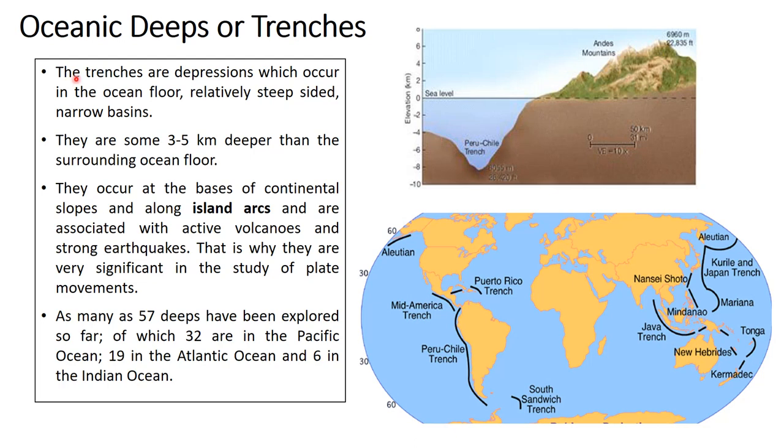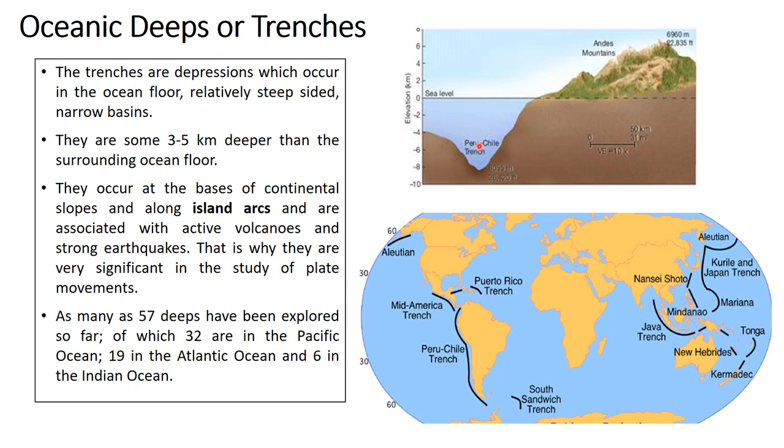The trenches are depressions which occur in the ocean floor, relatively steep-sided, narrow basins. They are 3 to 5 kilometers deeper than the surrounding ocean floor. So this is the ocean floor, the average depth.